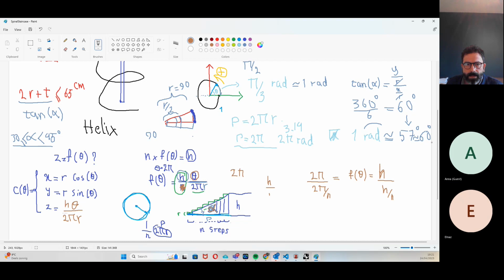Okay? So we're going to first make a curve, a parametric curve, as a function of a single parameter theta that we are going to generate how?